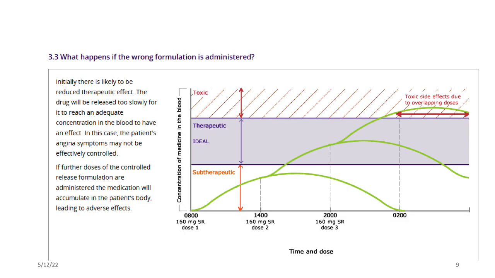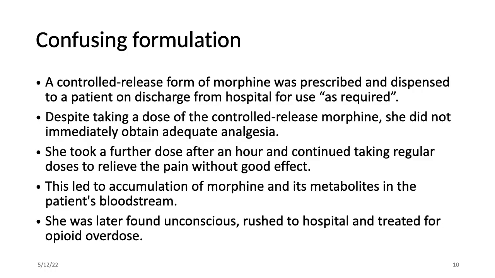Let's see what happened. After the first dose she remained in the subtherapeutic window. After 8 hours she took the second dose and entered the therapeutic window. After the third dose she went into the toxic level. So the dynamics of short-acting and long-acting medication are totally different.